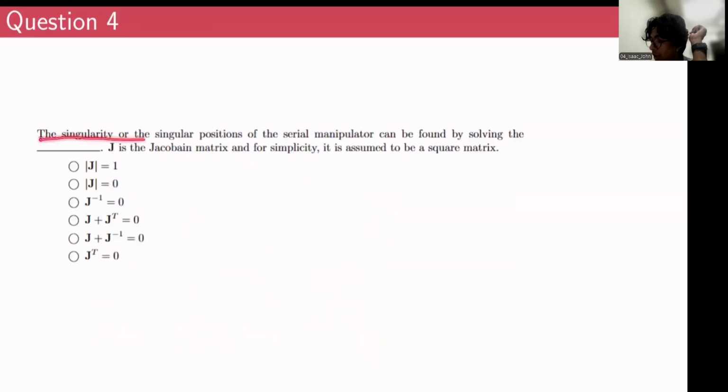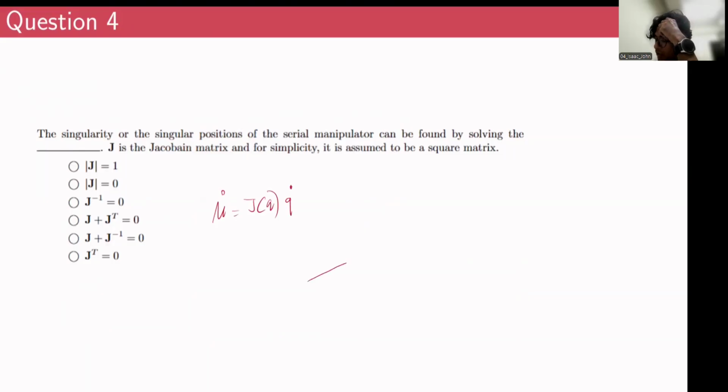The singularity or singular positions of a serial manipulator can be found by solving which of the following options? J is the Jacobian matrix, and for simplicity, it is assumed to be a square matrix. So we know that mu dot is nothing but J of q multiplied by q dot.